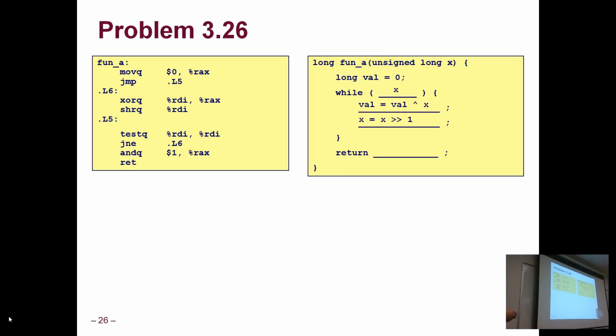And then this loop is going to execute until x is 0. And then after x is 0, this is what happens in the fall through. You do an AND quad of $1, so this is hex 1, into RAX, which is your value. So this is what gets returned, because the RAX that's left is val and with hex 1.